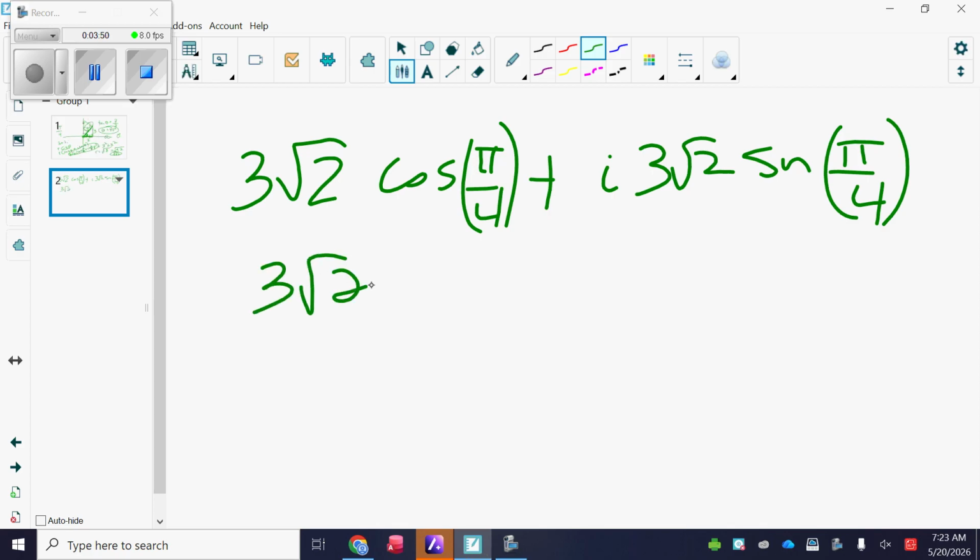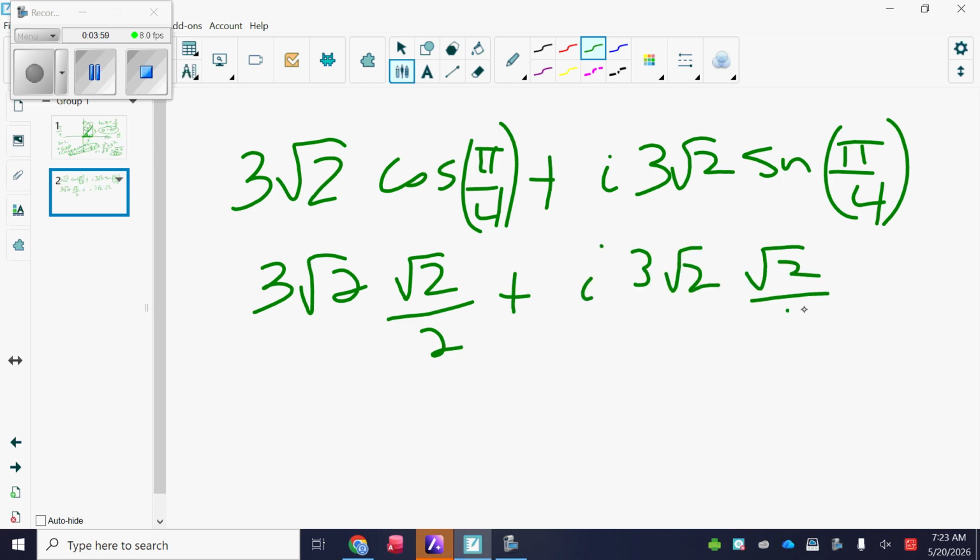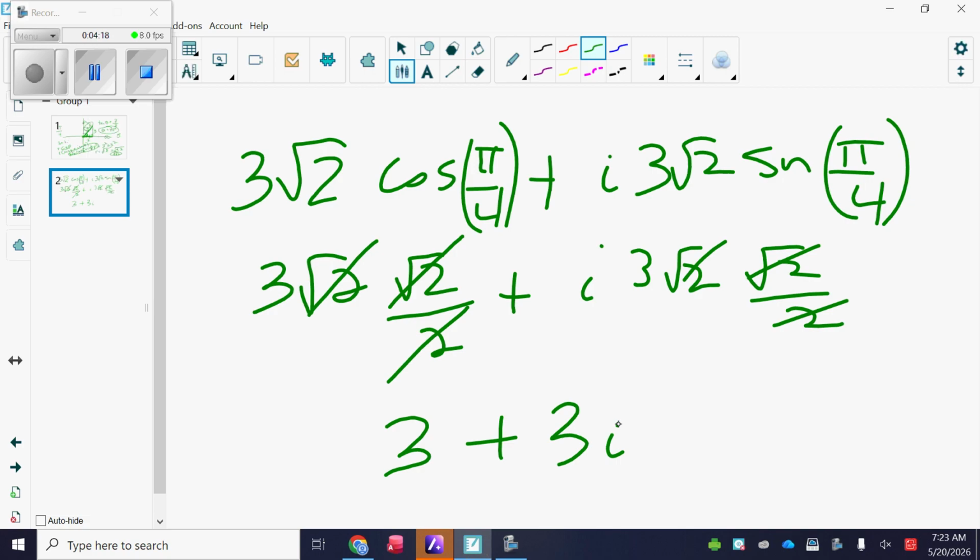The cosine of pi fourths is radical 2 over 2, and the sine of pi fourths is also radical 2 over 2. Those are unit circle answers. So look at what happens. That makes root 4, which is 2, by 2, and you get 3. Ditto over here. That makes 2. 2 over 2 cancels, and you've got 3i, which is the ordered pair 3, 3.